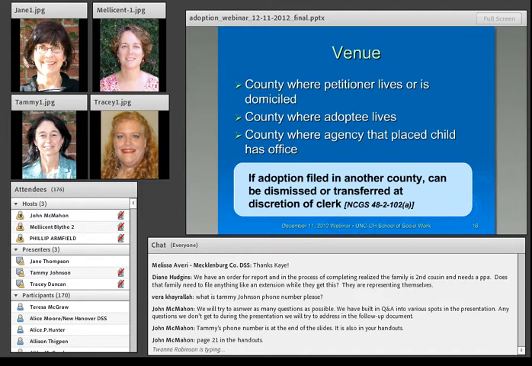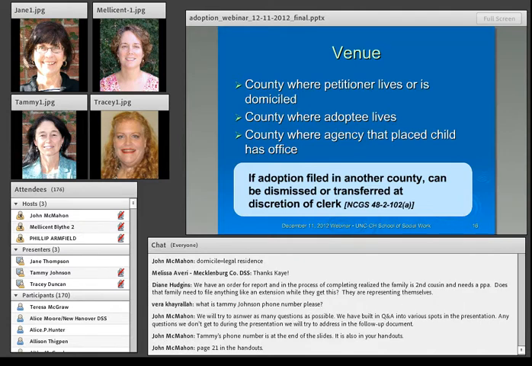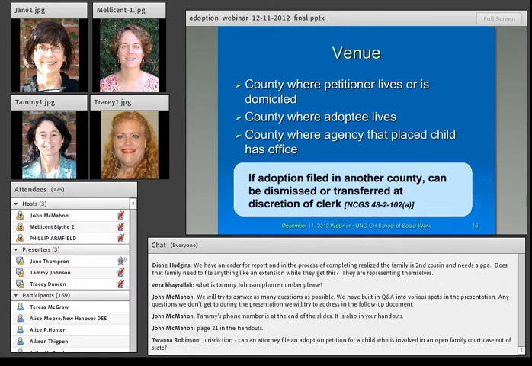But if an adoption is filed in another county, it can be dismissed or transferred at the discretion of the clerk. It is not mandatory that that happen. And I will tell you that one particular instance in which it is really helpful for clerks to be flexible, and I've talked to a couple about being flexible in this situation with venue, is where out-of-state petitioners come in.